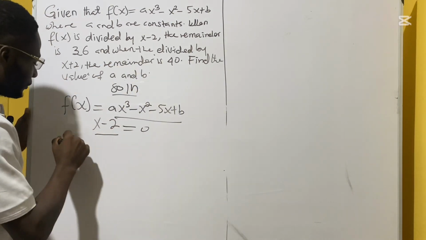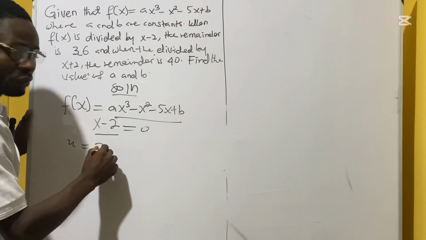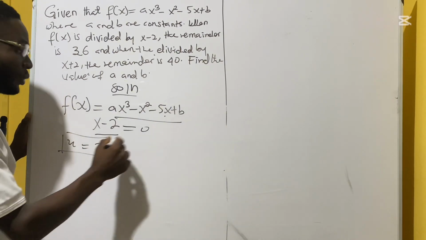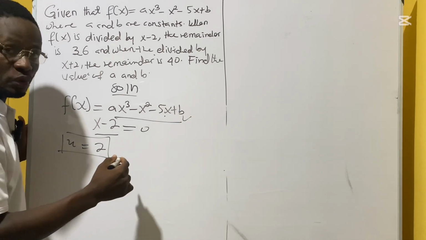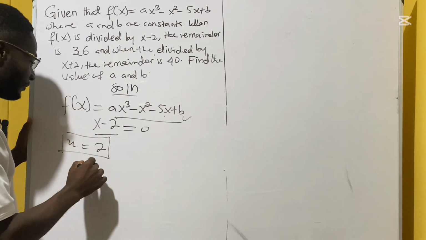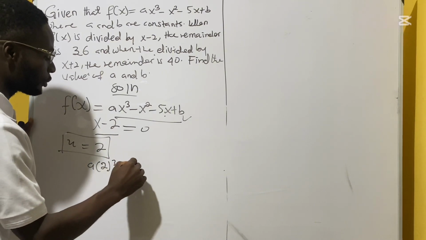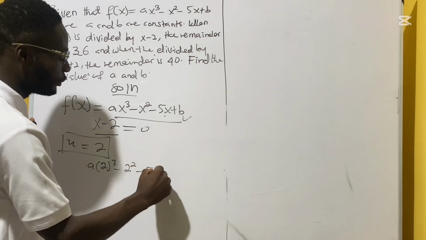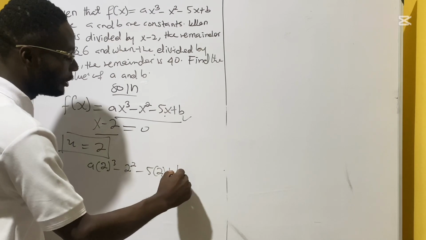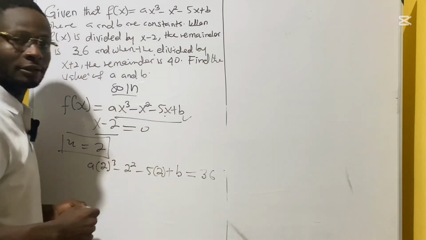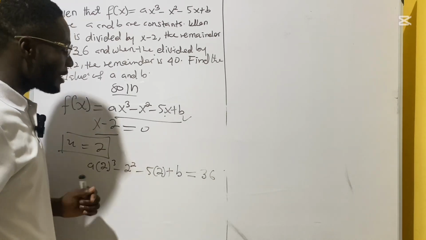So we substitute x equals 2 and equate the result to 36. We have a times 2 cubed minus 2 squared minus 5 times 2 plus b equals the remainder, which is 36.